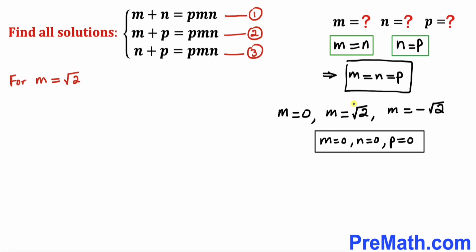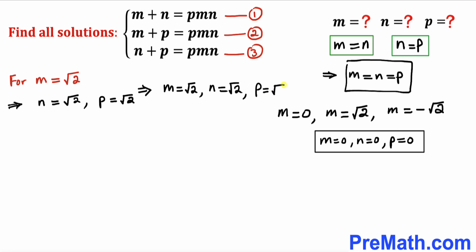And now let's focus on the next value of m, which is square root of 2, and we know m equals n equals p. So that is going to give us n equals square root of 2 and p equals square root of 2 as well. So our next set of solutions is m equals square root of 2, n equals square root of 2, and finally p equals square root of 2 as well.